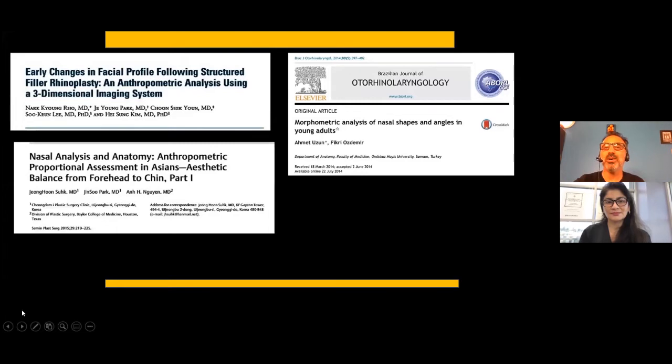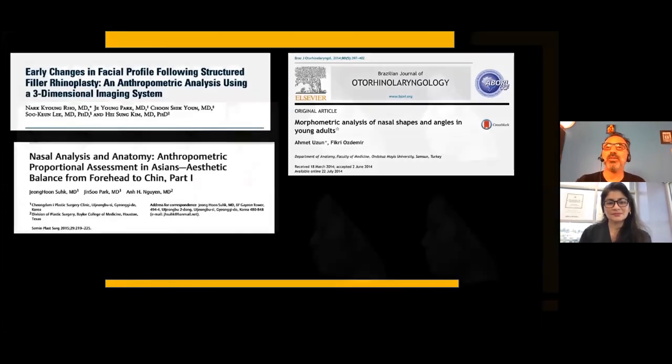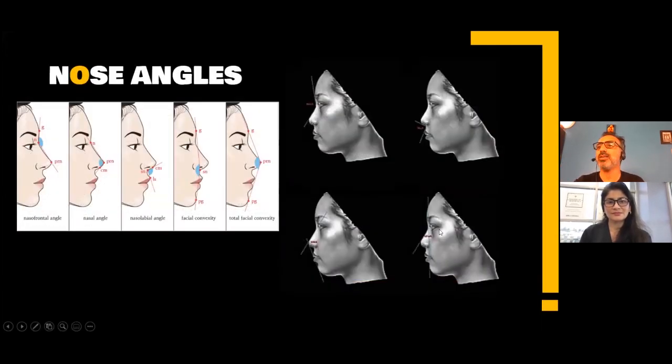We have more or less four or five angles that we consider in the face. In all the angles, the tip of the nose is very important. In the nasofrontal angle, the tip of the nose is key.